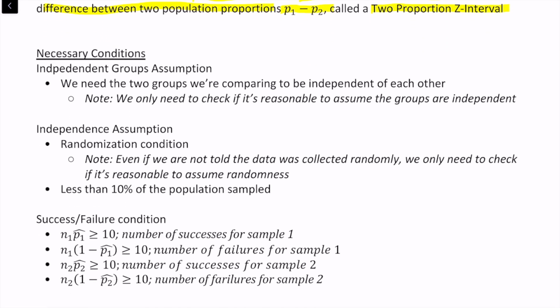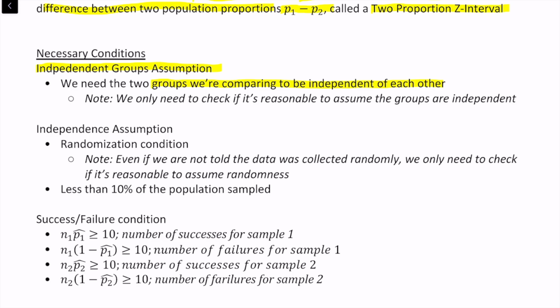The bulk of these conditions should seem very familiar. We have one new extra condition, the independent groups assumption. Remember, now we are comparing two different groups, so we need to make sure those two groups are independent of each other, meaning one group's results have nothing to do with another group's results.